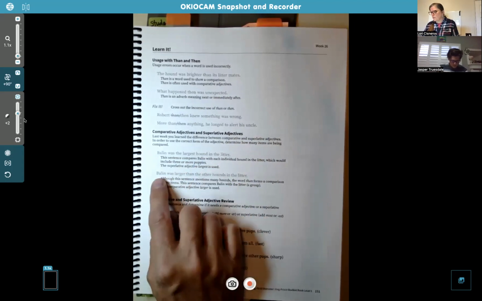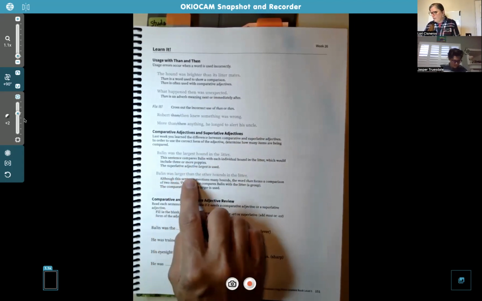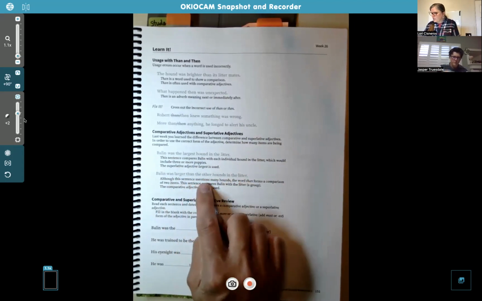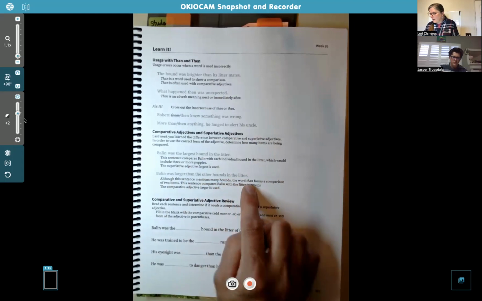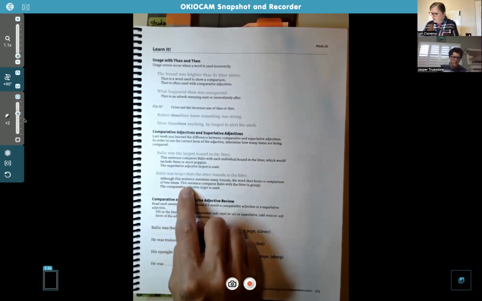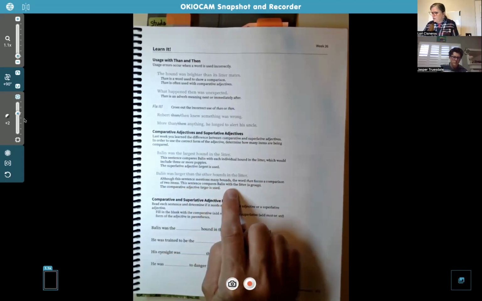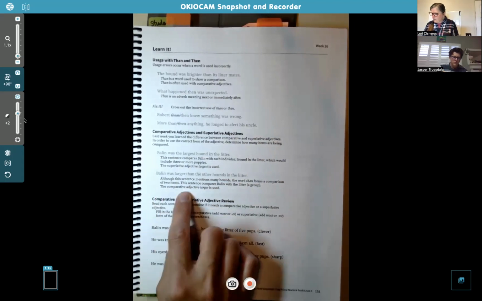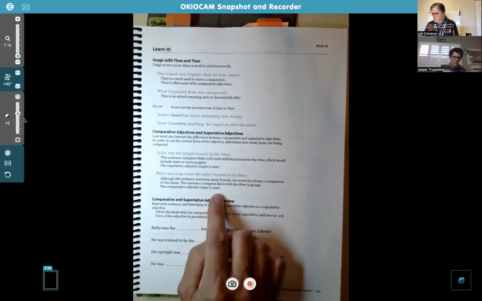Largest is used. Balin was larger than the other hounds in the litter. Although this sentence mentions many hounds, the word than forms a comparison of two items. This sentence compares Balin with the litter, which is a group. So the comparative adjective larger is used.